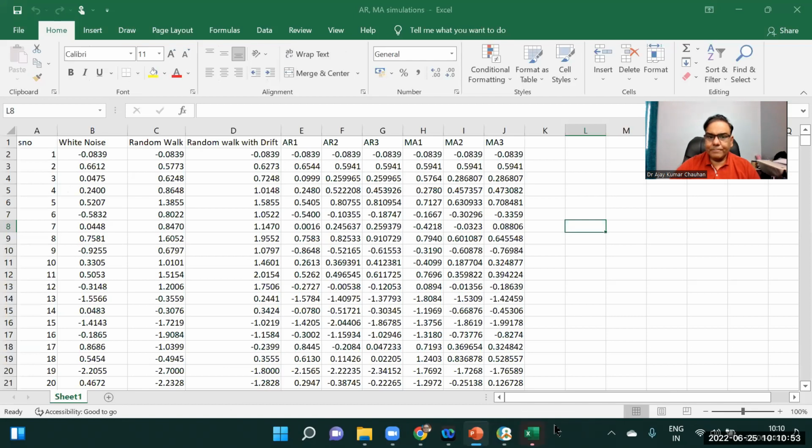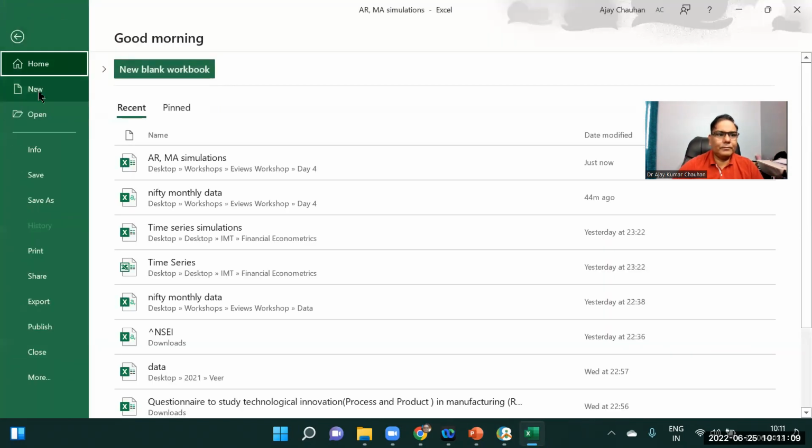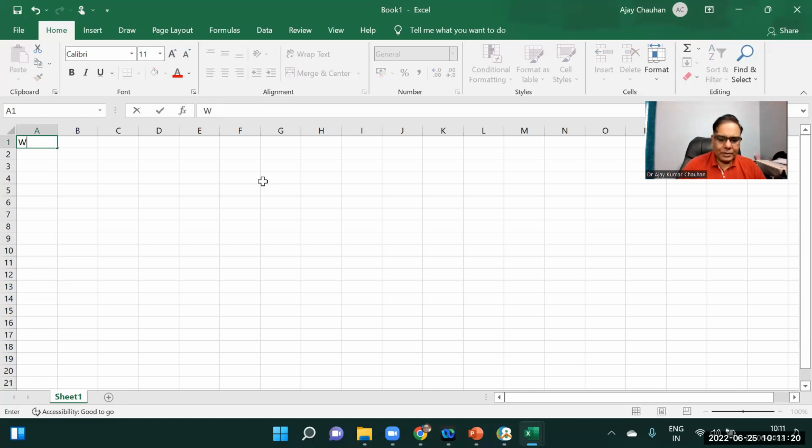Okay. Just let me show you the simulation once again. Let me open a new file, because this concept will be helpful in many other models. So that's why I'm incorporating this. White noise.